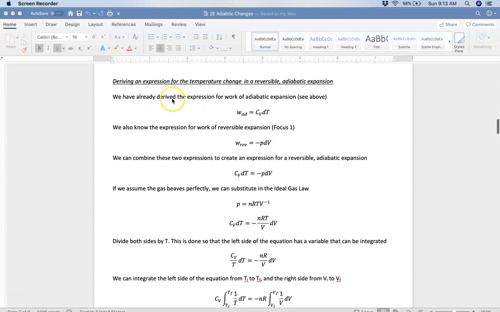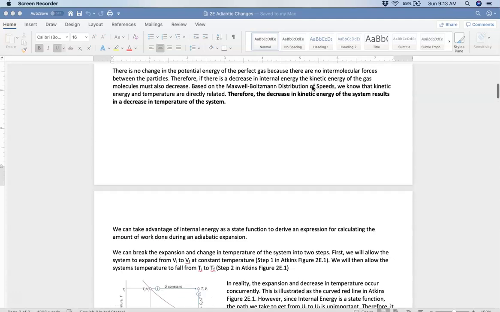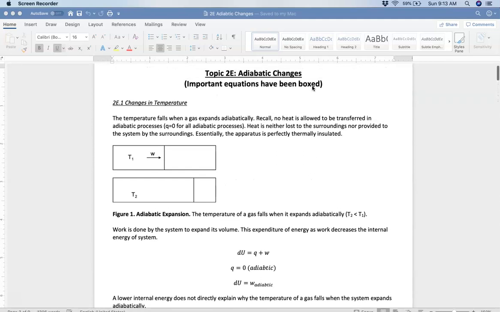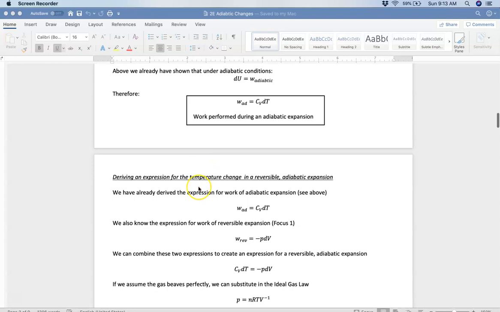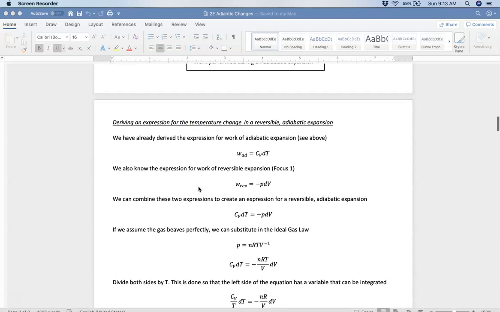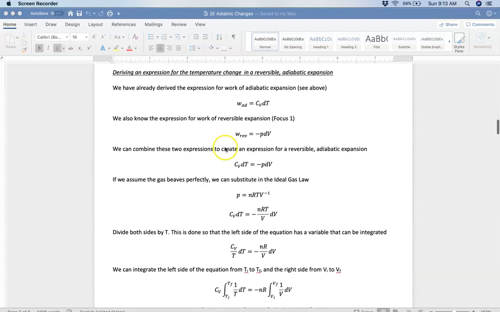So we can also derive an expression for the temperature change for a reversible adiabatic expansion, right? Up here, we were just looking at the temperature change of an adiabatic expansion. So what happens when it's a reversible expansion? We know reversible expansions are maximum work. They're technically, physically impossible to actually create, because it would be infinitely slow expenditure of work, which would take infinite amounts of time.